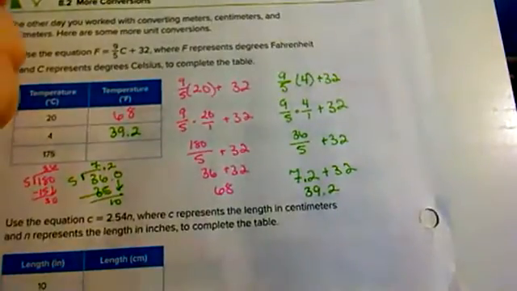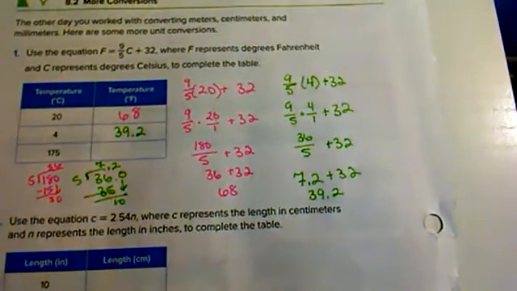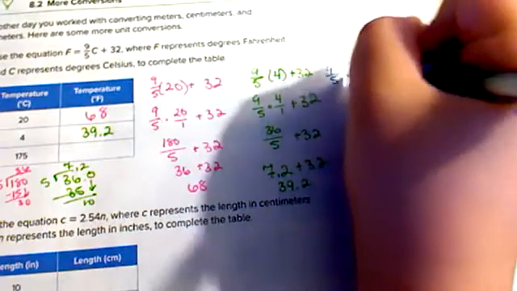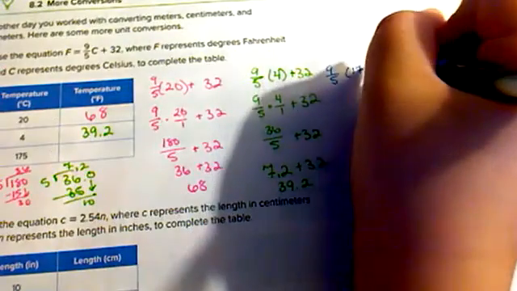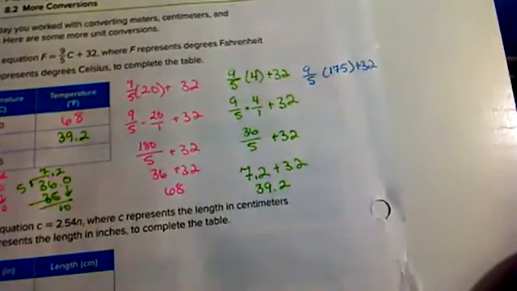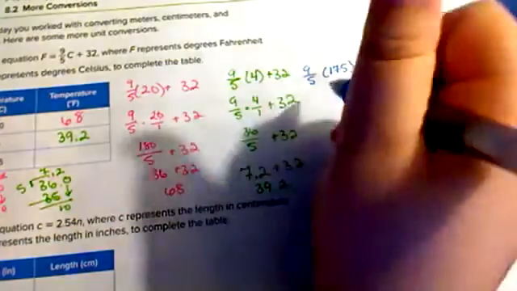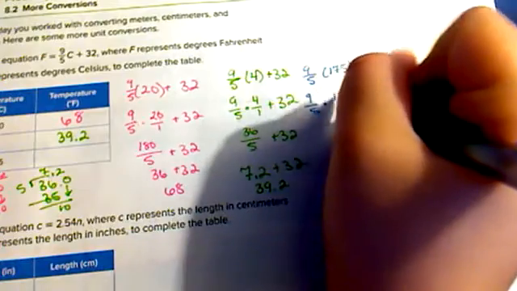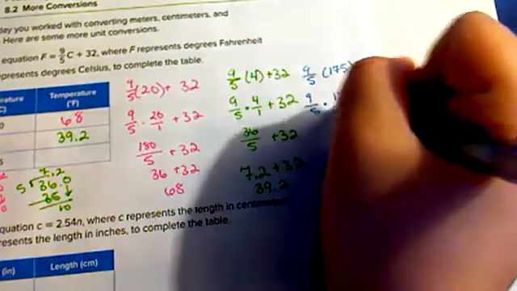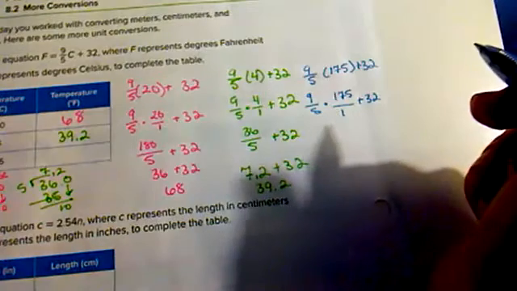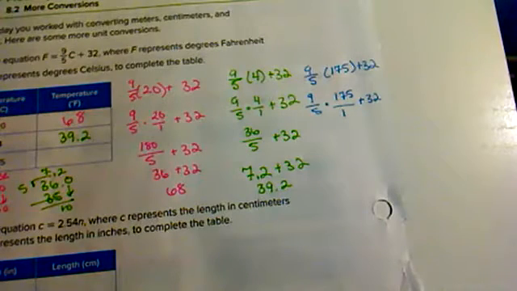And we're going to do the very last one in a different color. So we have 175. So we're going to do 9/5 times 175 plus 32. So 9 times 175 over 1 plus 32. So let's multiply.